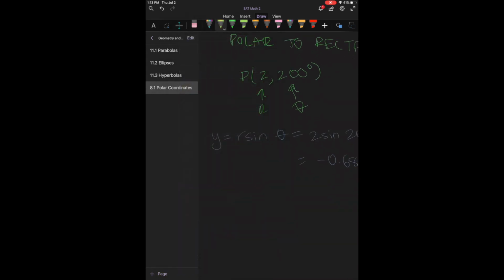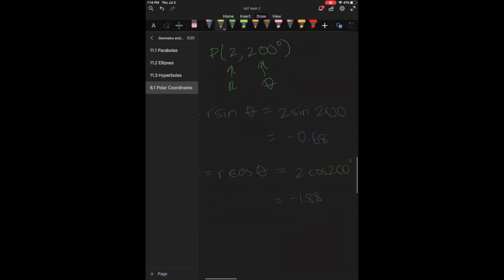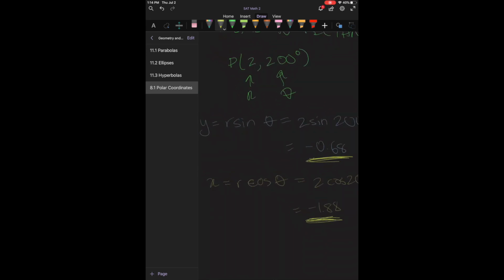And x equals r cosine theta, which is going to equal 2 cosine 200. And again, if you enter that into a calculator, you're going to get negative 1.88. Okay, so these are the x and y coordinates, rectangular coordinates, of the polar coordinates 2, 200 degrees.